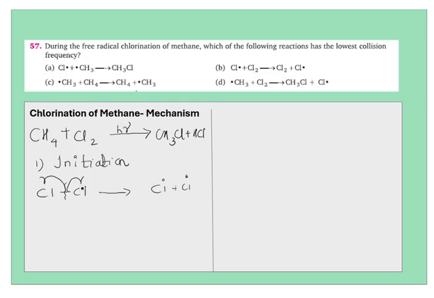Whenever it is homolysis, you always use fish hook arrows. Students, observe here, this arrow is a little bit different, right? It looks like a fish hook. That's why it's called a fish hook arrow. Whenever you represent a fish hook arrow, remember the species that are formed are called free radicals.